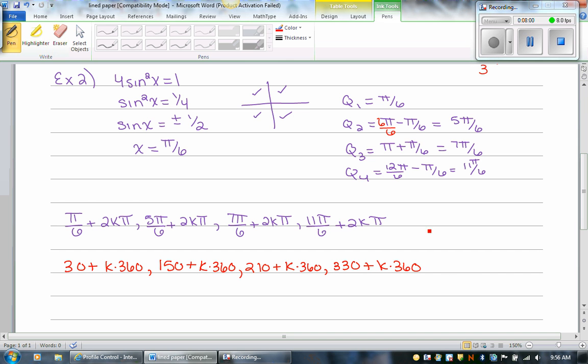All right, so this is your solutions in degrees, and these are your solutions in radians, where k is any integer.